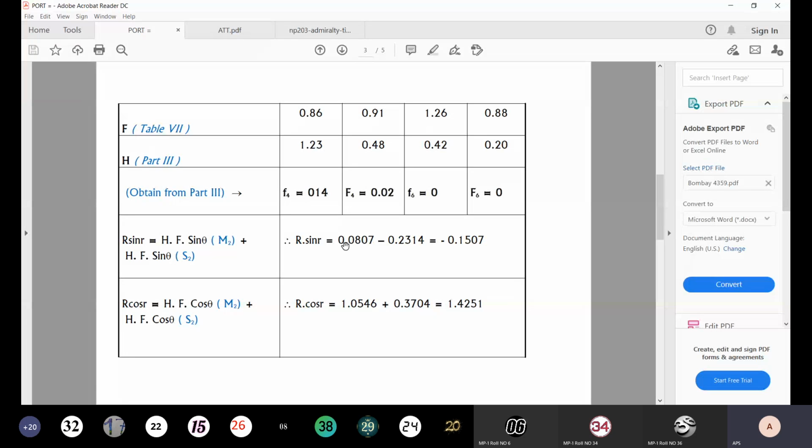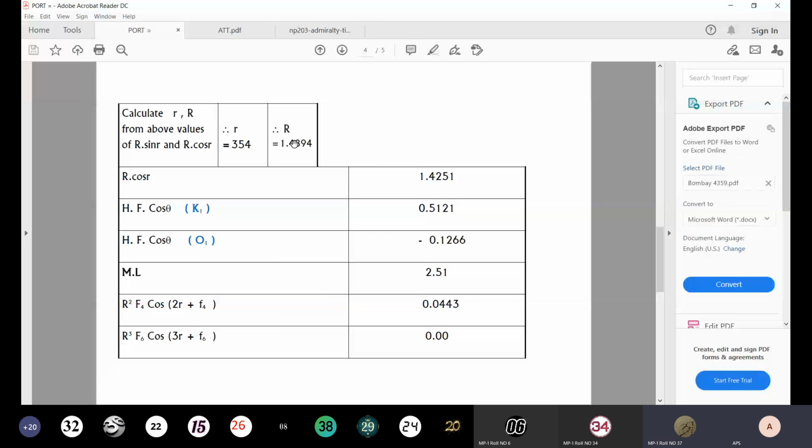So r equal to how much? R is coming 1.43. It's okay. Whatever you are getting, you write down. It doesn't matter. This decimal always depends on whether you have used all the decimals or 2 decimals or 4 decimals. So variation will be there. It does not matter. Your final answer will be well within limits. So write down whatever you are getting.